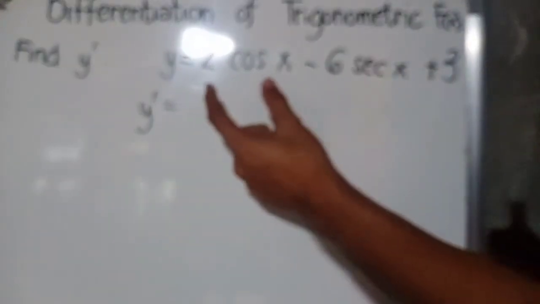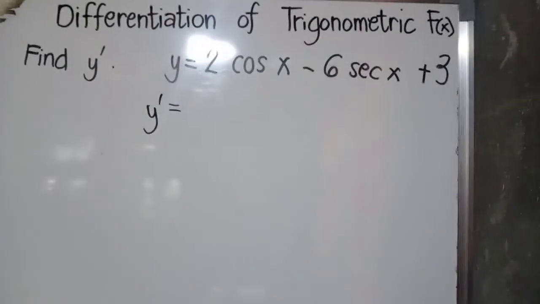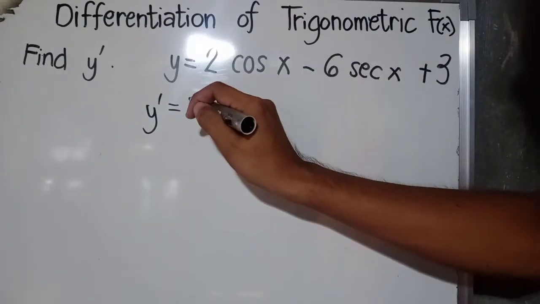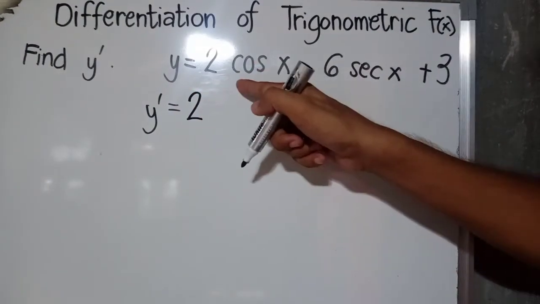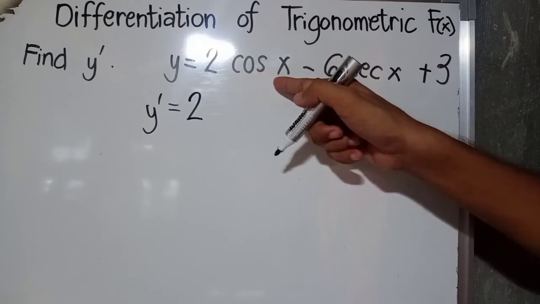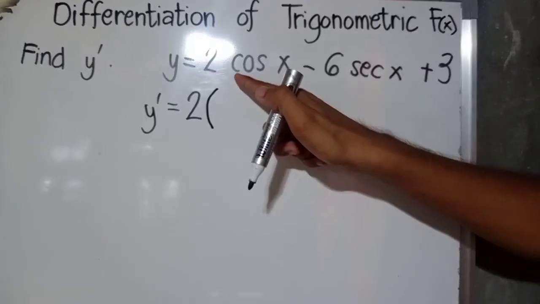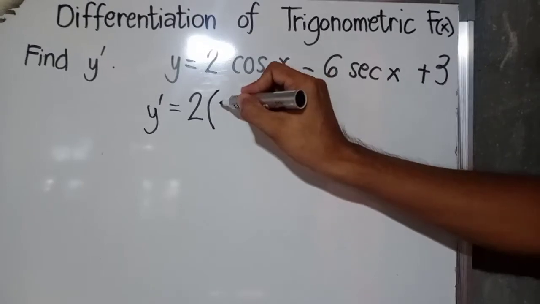So, for this one, this is a product ng 2 at saka ng cosine x. Pero yung pinaka-shortcut niya is you just have to write the constant and then what is the derivative of cosine x. So the derivative of cosine x, if you can still remember, starts with a C, so that's a negative.